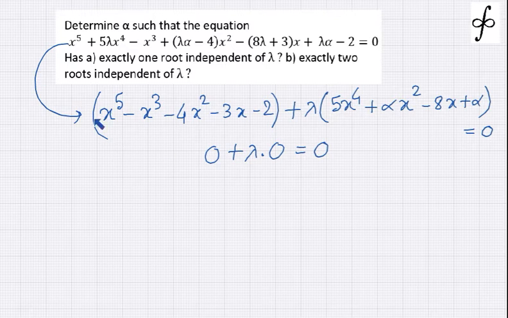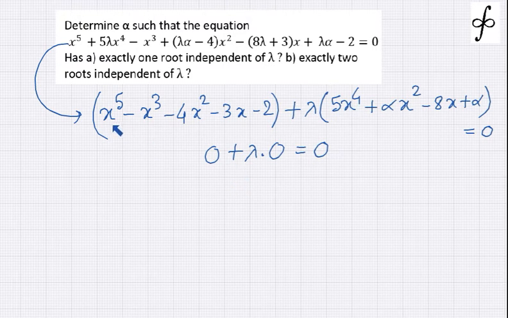We choose a value of x which on substituting here gives 0, and substituting the same value here we should also get 0. Then 0 plus lambda into 0 in any case gives 0, and that will not depend upon the value of lambda, because lambda into 0 has to be 0.